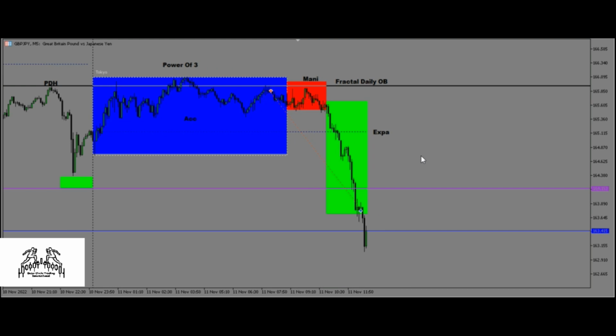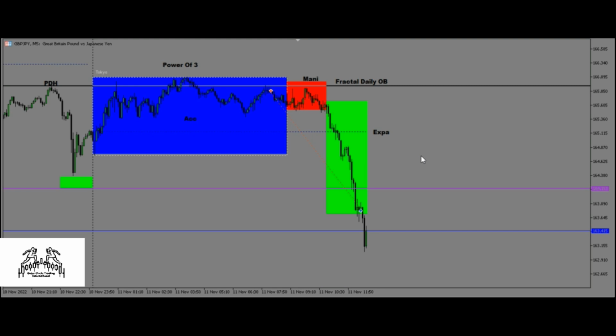It is because the Asian session, which affected the JPY, the yen, has already closed, and the only currency that is active is the GBP alone. Hence you are seeing these massive moves happening during the London session.